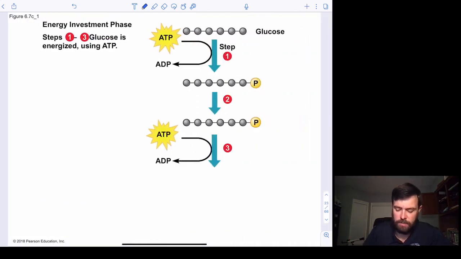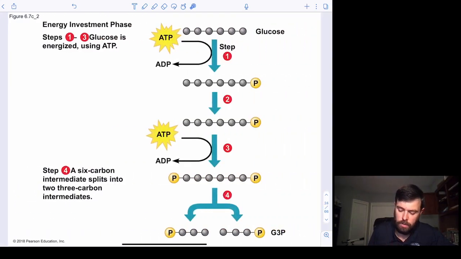So here's our investment phase. We're adding that ATP in, doing some weird things, adding some phosphorus to the glucose molecule, right? So glucose goes through and we make those steps, and then we eventually break it into, voila. And the reason I want to talk about this is we make G3P.